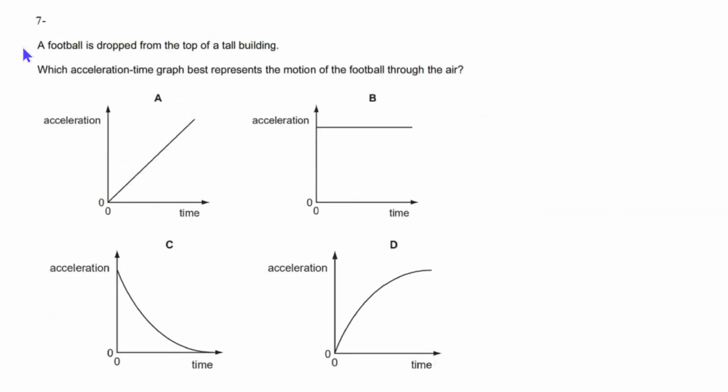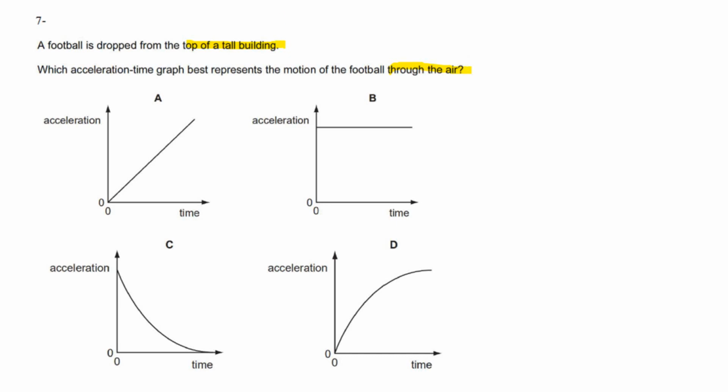For this question, it is given to us that a football is dropped from the top of a tall building. So this is important, from the top of a tall building. And also it is given to us that the air resistance is not negligible. For this type of question, we always need to check for air resistance. Is the air resistance negligible or not? For this question, air resistance is not negligible.